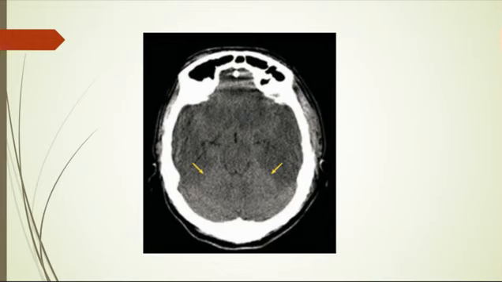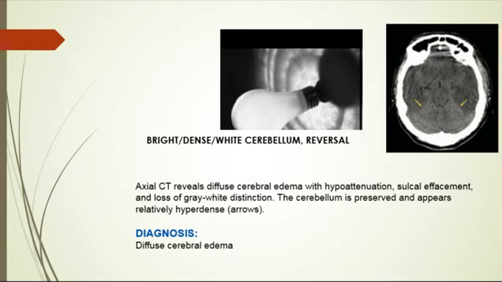Exactly. That's exact opposite of what we saw previously. Okay? This is the bright, dense, white cerebellum, reversal sign, whatever you like, call it. It's again in the diffuse cerebral edema. And as we said, just a quick review, causes include trauma, hypoxia, ischemia, and infection, in which there is relative sparing of the basal ganglia, the brainstem, and the cerebellum.